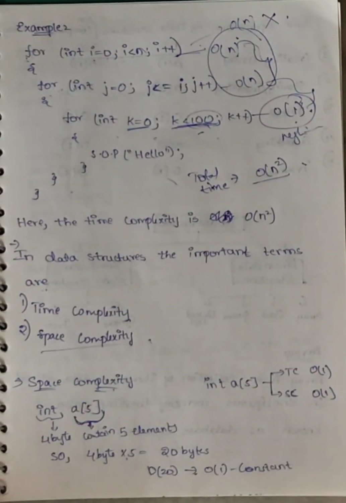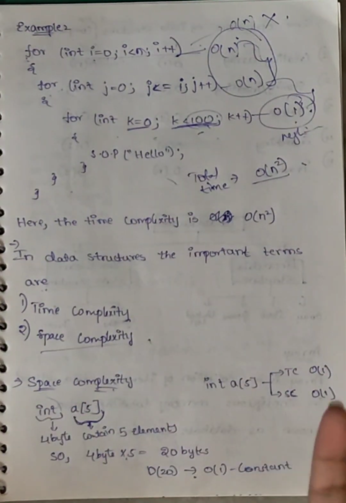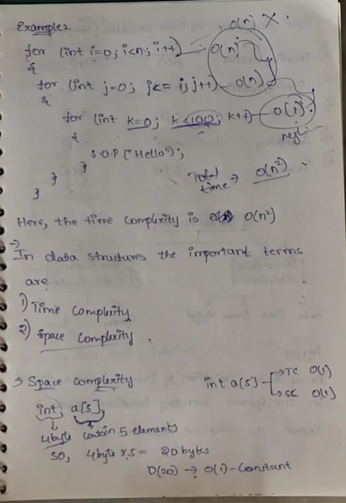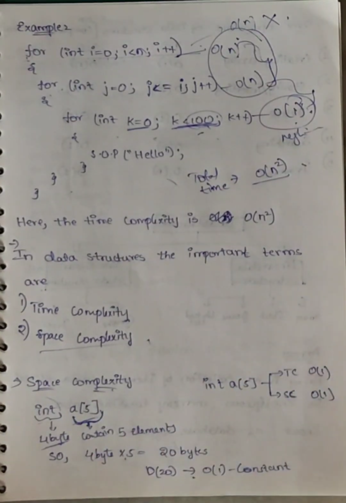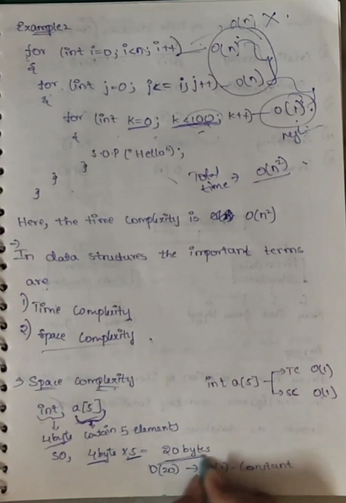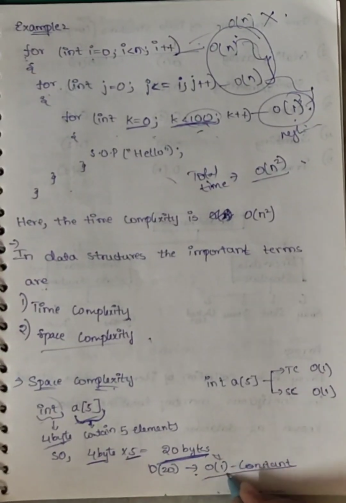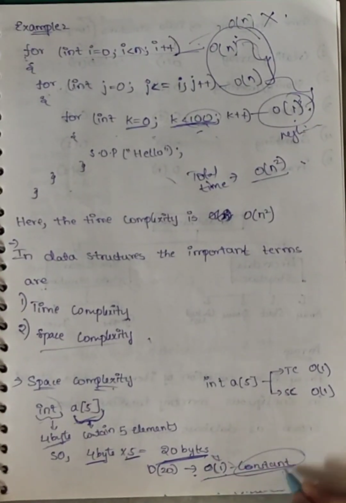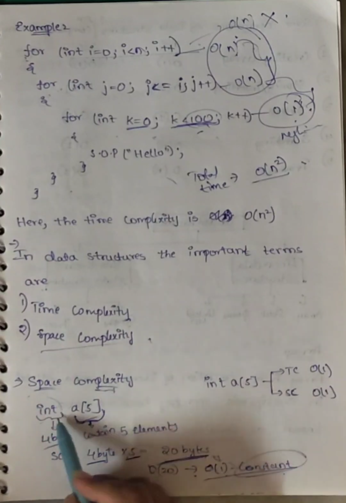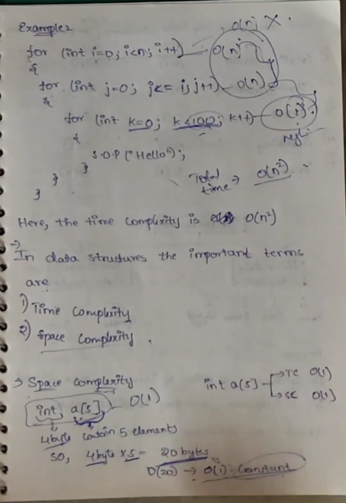As we already know, int, float and everything has some bytes. An int has 4 bytes, and a of 5 means it contains 5 elements, so 4 bytes into 5 elements equals 20 bytes. This is a constant, so the space complexity of int a of 5 is big O of 1.